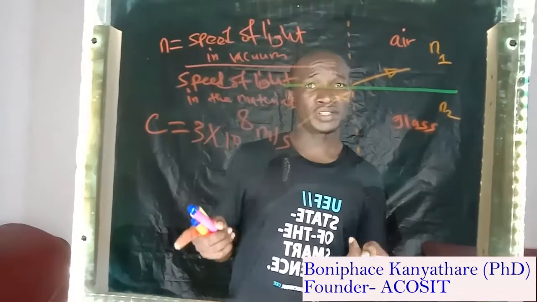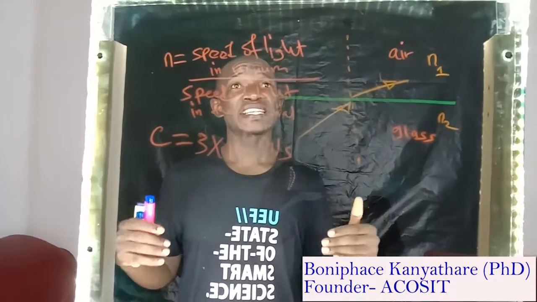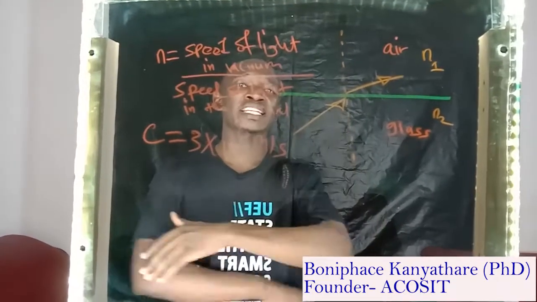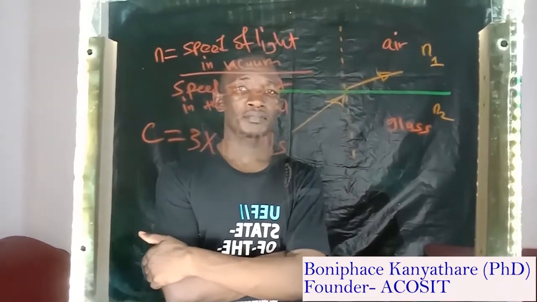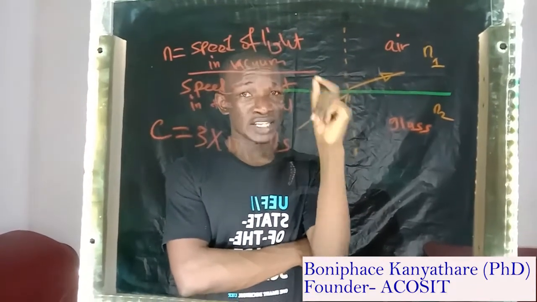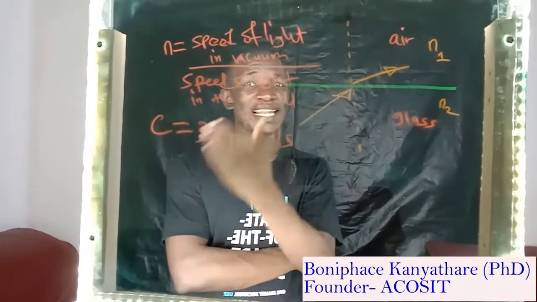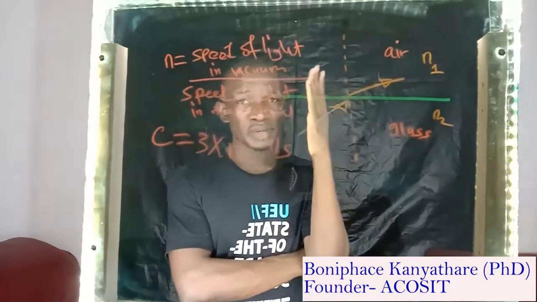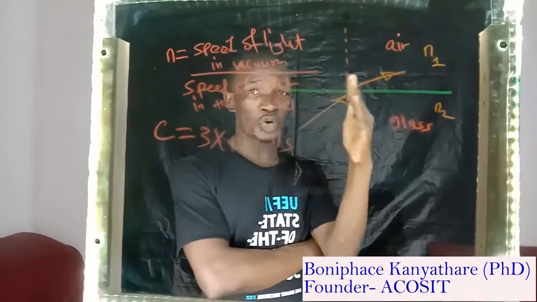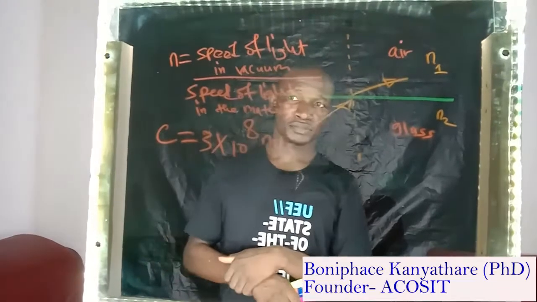Remember that always the speed of light in air is the highest speed that light can have. The speed of light in air, I repeat once again, is the highest speed that light can ever have. When light travels in different medias like water, glass, and so on and so forth, its speed gets reduced.